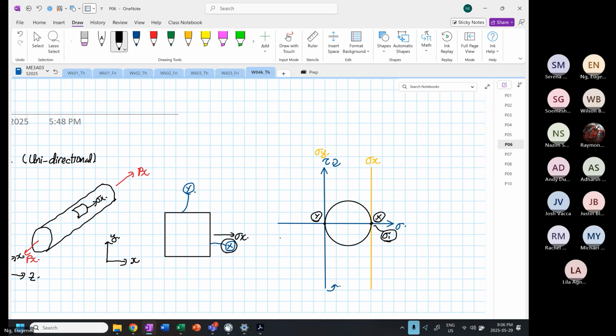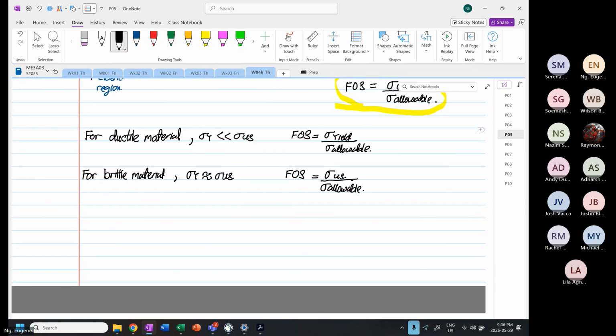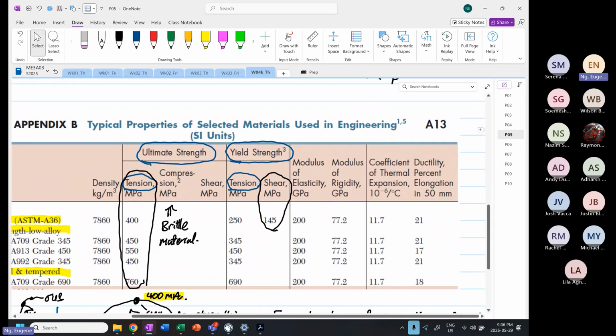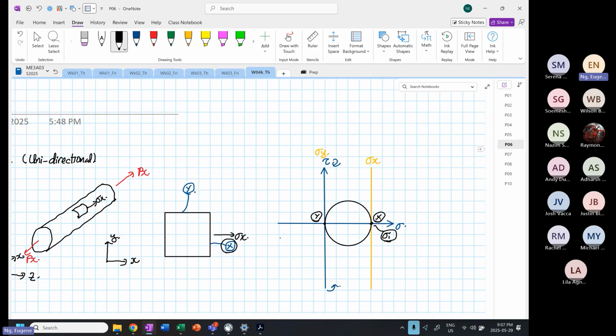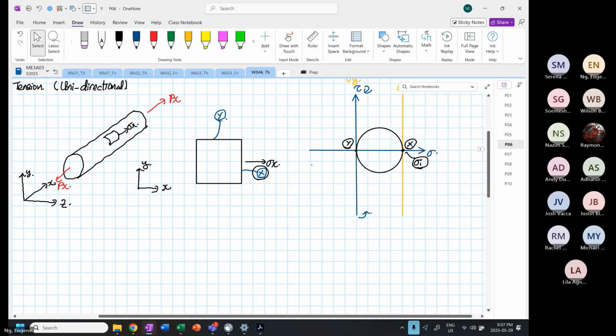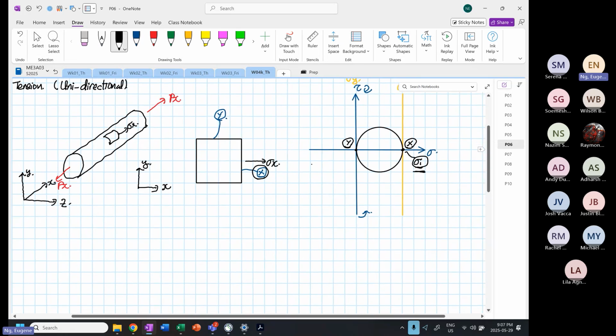What I'm trying to tell you is this: over here, not in the plastic region, only in this state, this is our principal stress. What we measure is the principal stress, and I've proven to you down here.